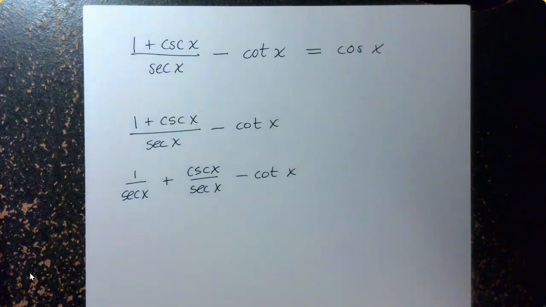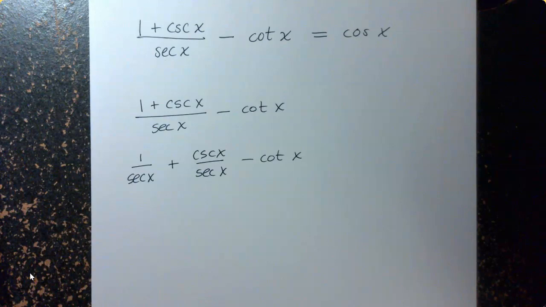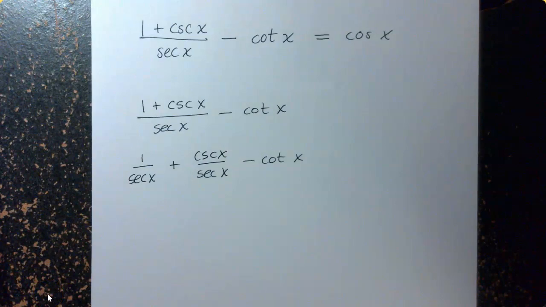Now I'm going to go ahead and rewrite things in terms of sine and cosine. That's a very common strategy. As you're doing this, you do want to keep an eye out for other identities, things you can shortcut. Like in that last one we did, it was 1 plus tan squared equals secant squared. There's nothing like that here so far that I can see.